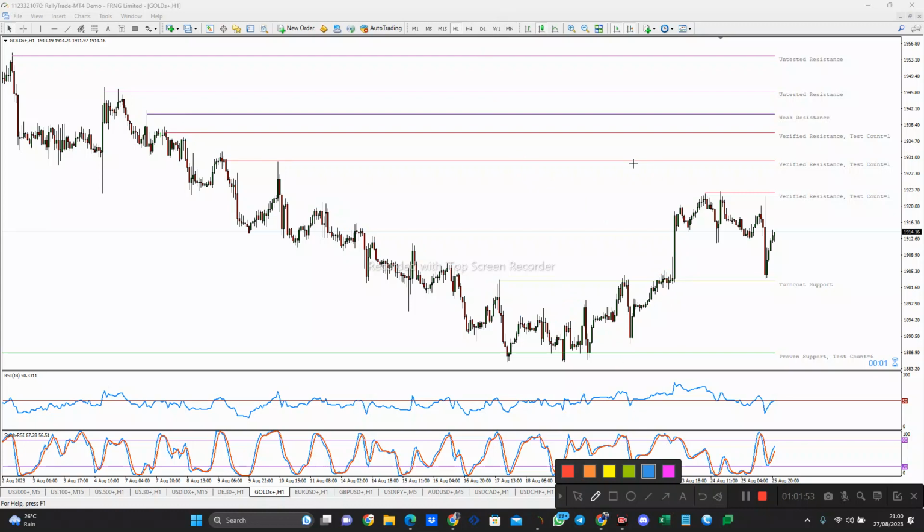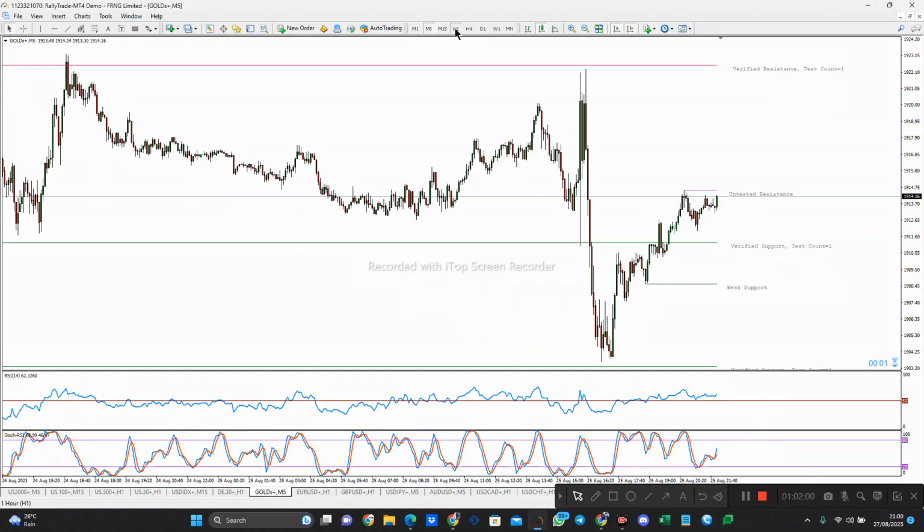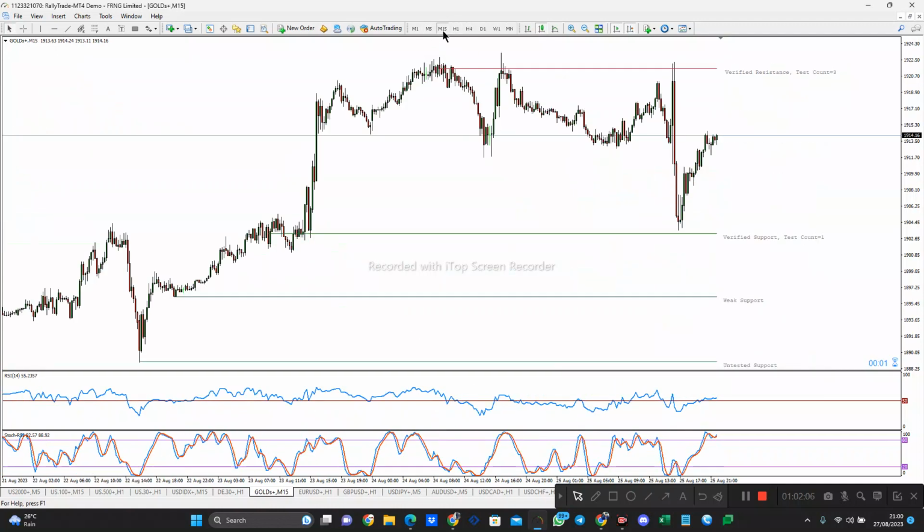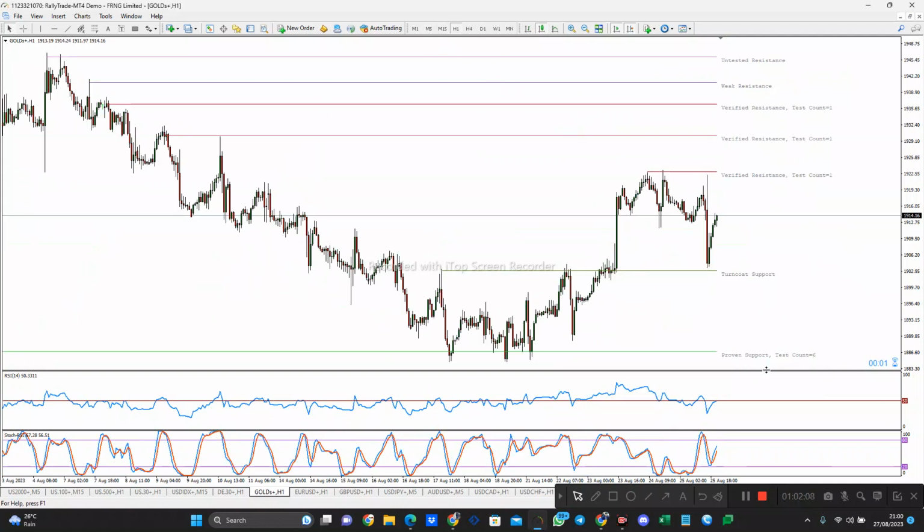So, see what's going on here. All right, so for here we want to draw the closest resistance and closest support.